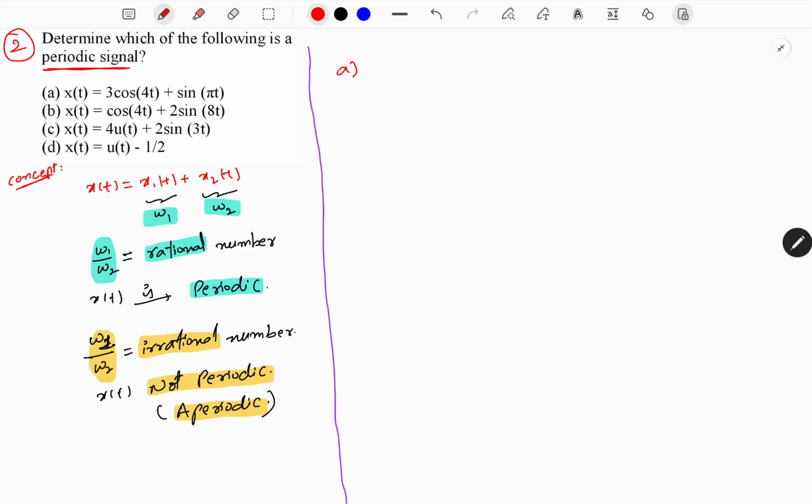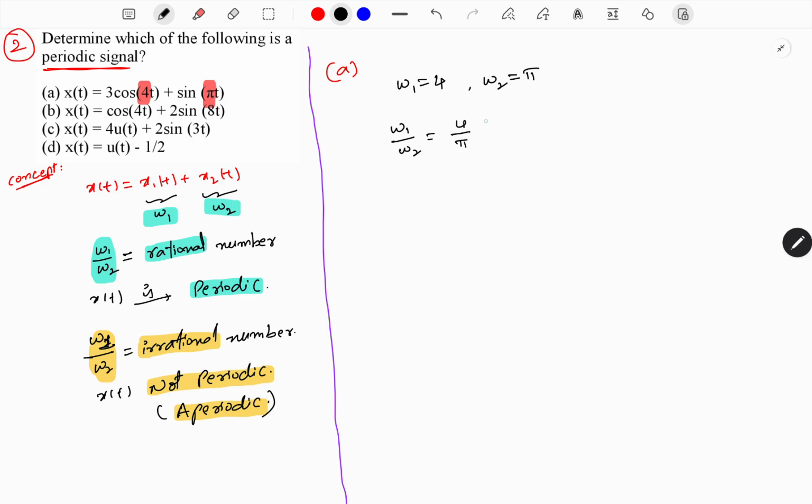Now we will discuss option A. In option A, the angular frequency here is 4 and here it is 5. So omega 1 is 4 and omega 2 is 5. Now divide omega 1 by omega 2, that is equal to 4 by 5.